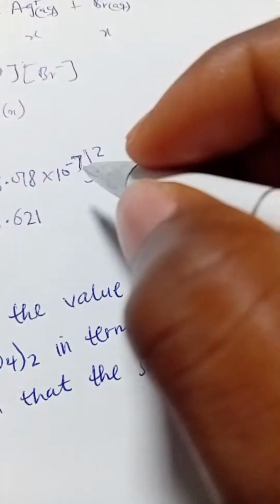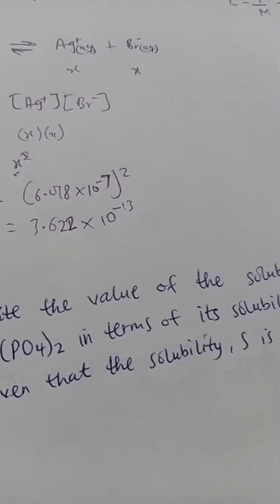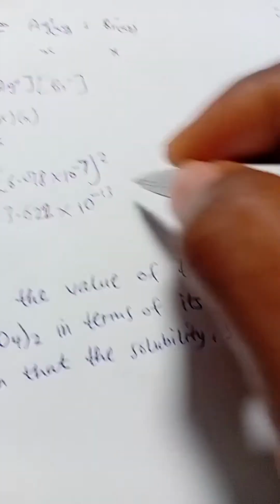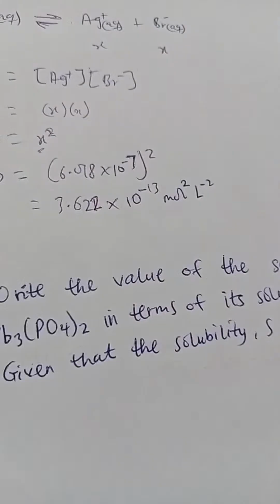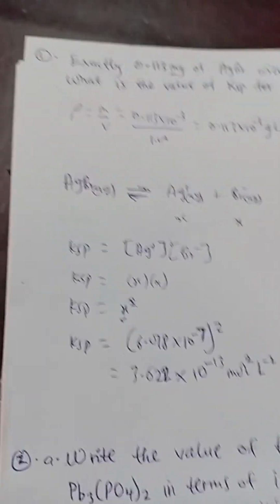And then we are going to get 3.621 by 10 to the power minus 13. Because it was squared, this one had units of mole per liter, this one had mole per liter, so the unit becomes mole to the power 2, liter to the power minus 2. Or we could have replaced this by molar, then squared. So this is the KSP we calculated.